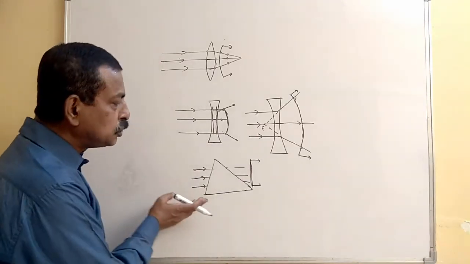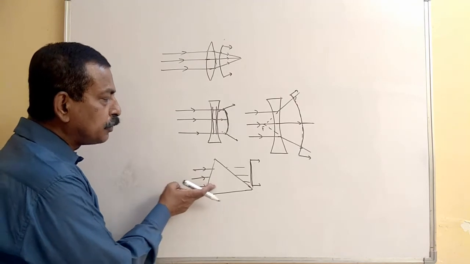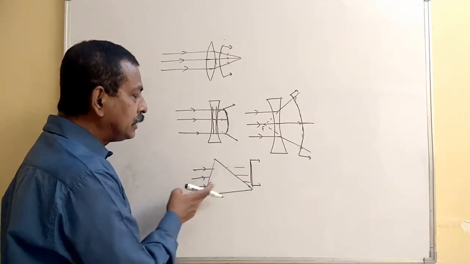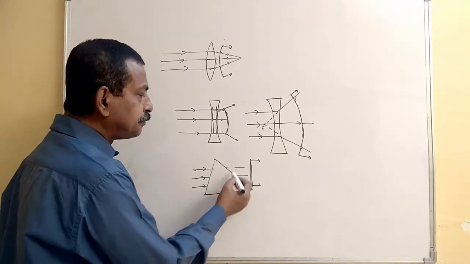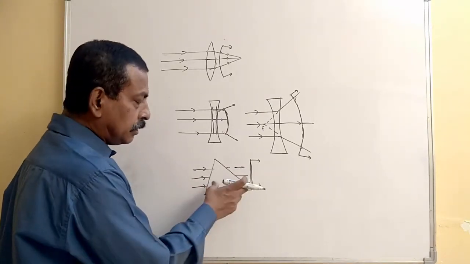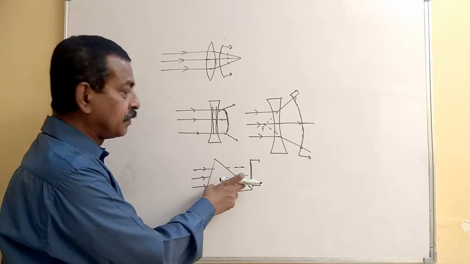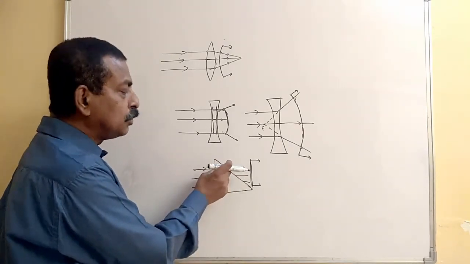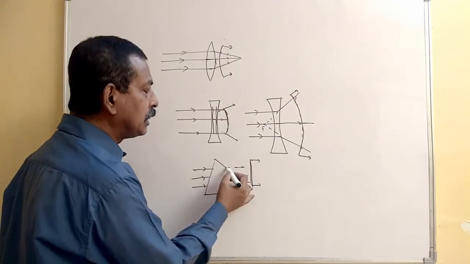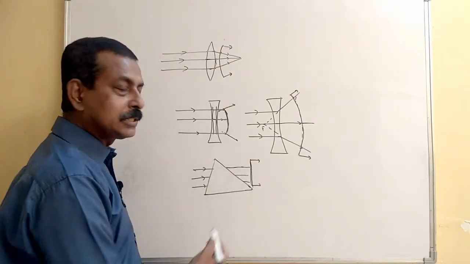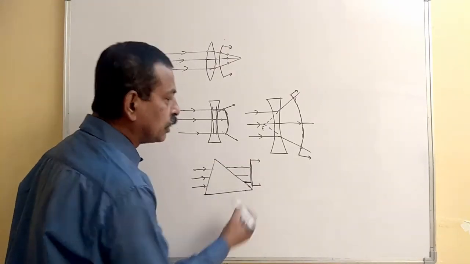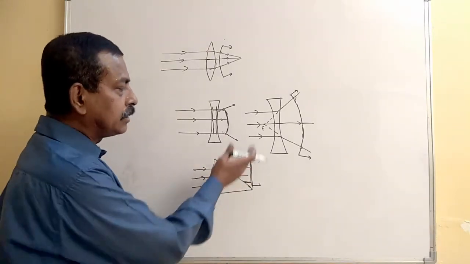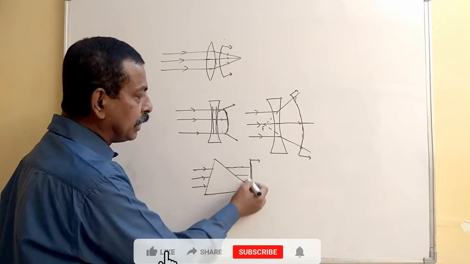Because now you see, the wave which is going from this particular part will travel a larger distance in the denser medium, while here they will travel a smaller distance. So obviously in air they will travel a larger distance compared to the wave which is going from this part. So you can assume that the wavefront will have a shape like this.